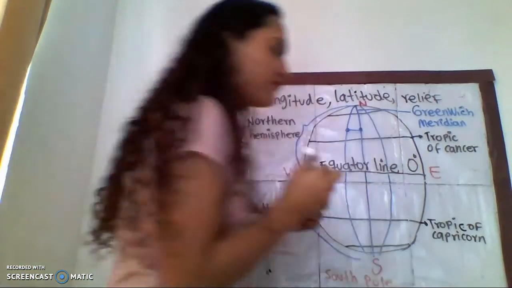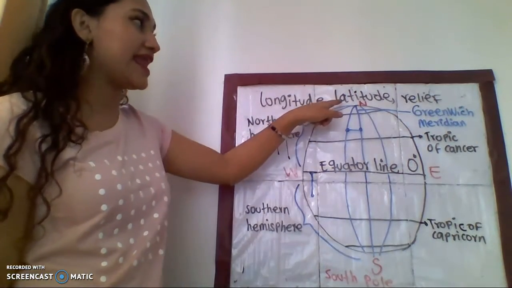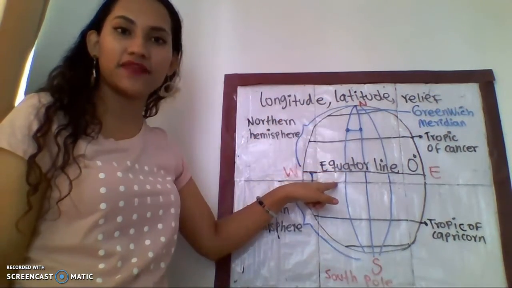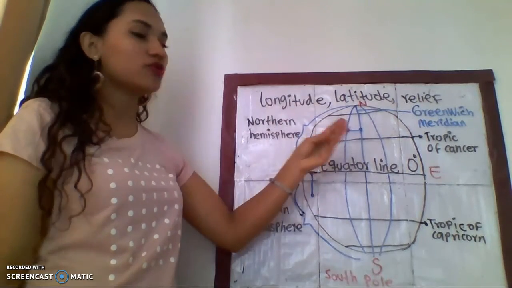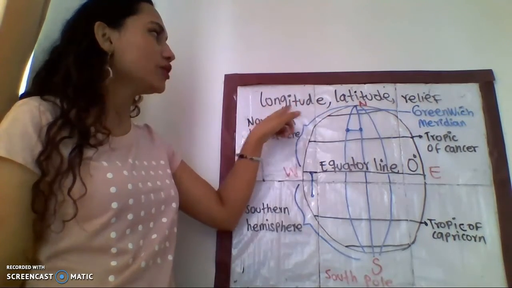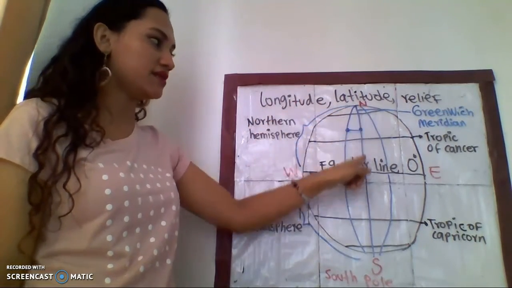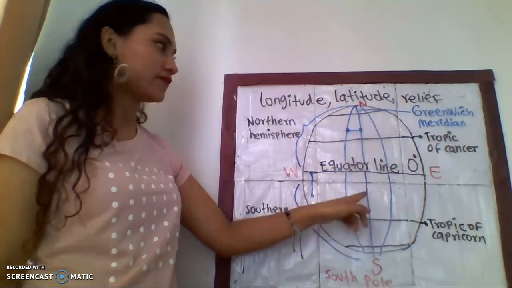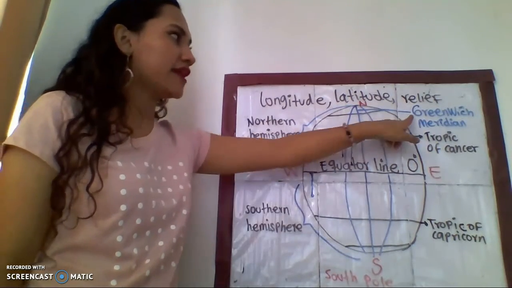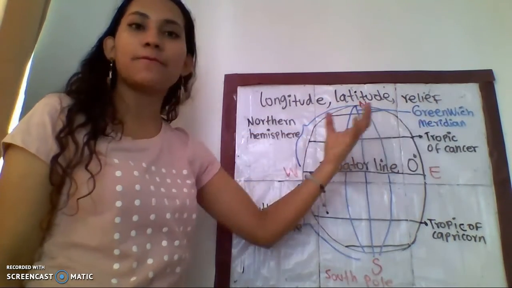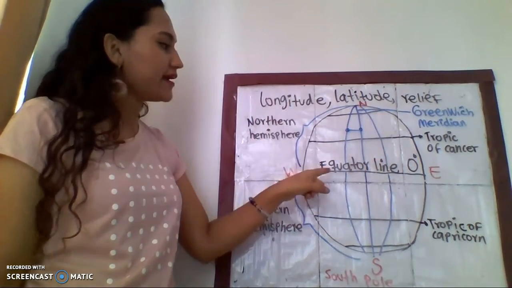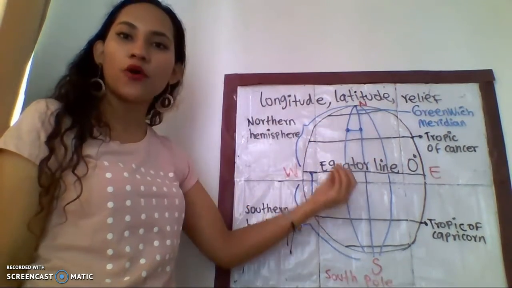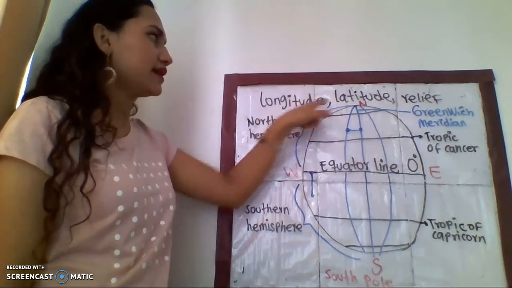El punto de referencia entonces para la latitud es la línea del Ecuador, the equator line. Y el punto de referencia para la longitud es el meridiano de Greenwich. The Greenwich meridian is the point of reference for longitude, and the equator line is the point of reference for the latitude.